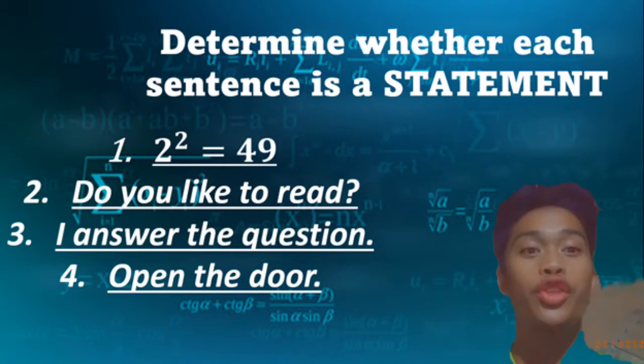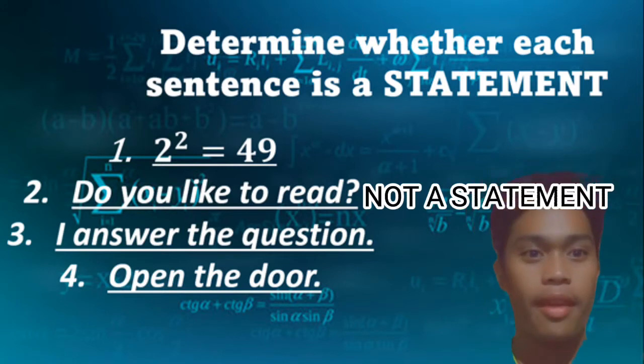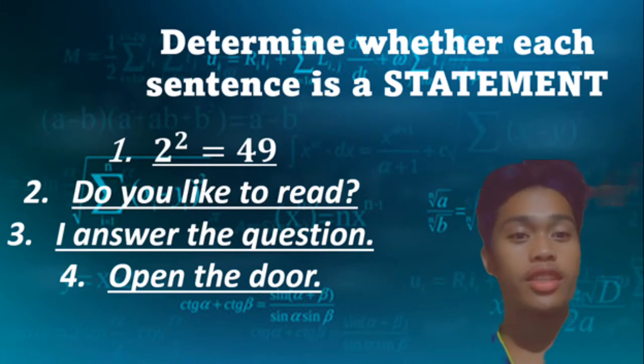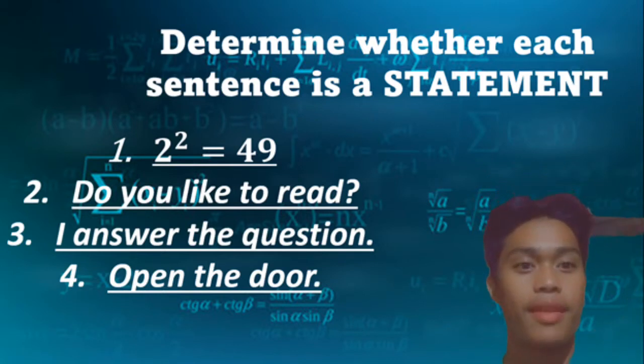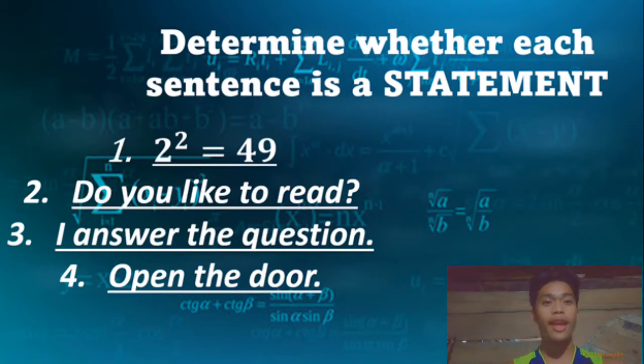Okay. Do you like to read? Number 2 is not a statement because we have 4 kinds of sentence: the question, command, opinion, and the statement. So, number 2, obviously, it's not a statement because it's a question. Okay, number 3, I answer the question. Number 3 is a statement.